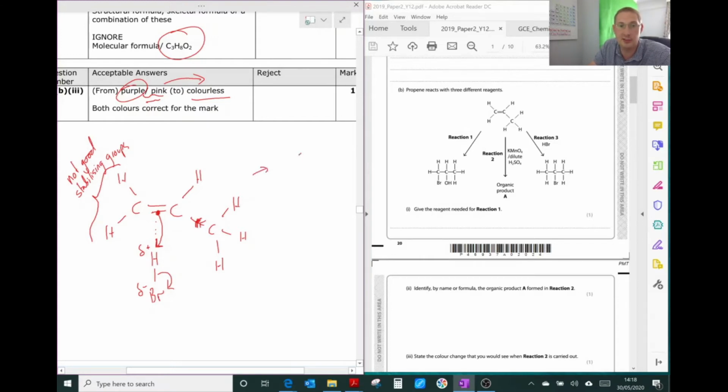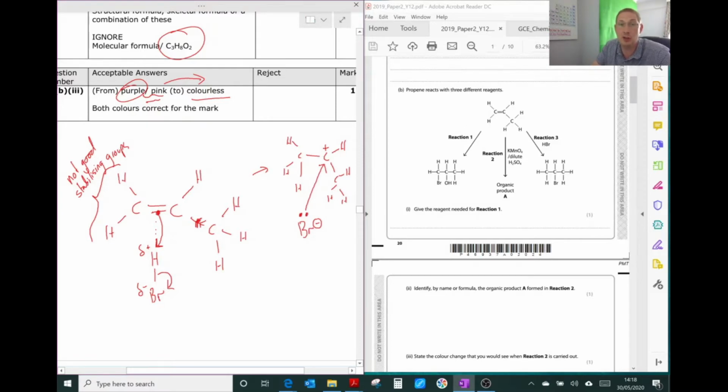So that is going to form CH with a hydrogen on that carbon, which is going to be positive, stabilized by the methyl group here. And then you've got the bromine with the negative charge. The lone pair on that bromine is going to attack the cation.